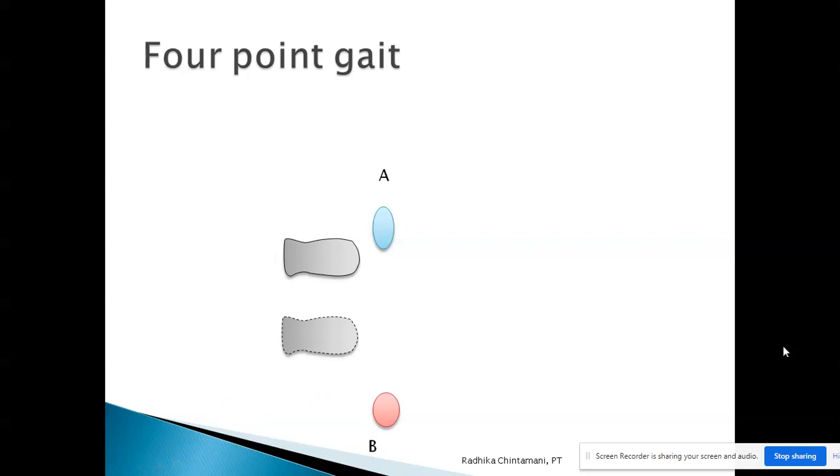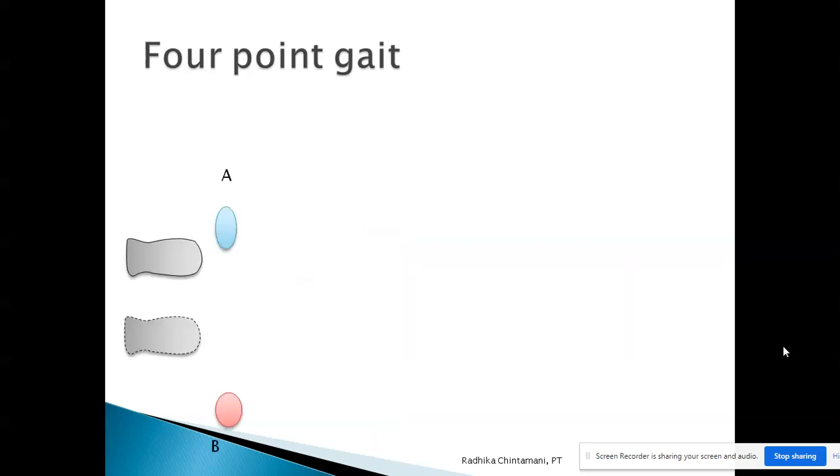This is the basic 4 point, which simulates the normal gait pattern of the individual. When we are talking about the point gait system, utilizing the crutch, each weight bearing point is taken up as a point. So look at the video.